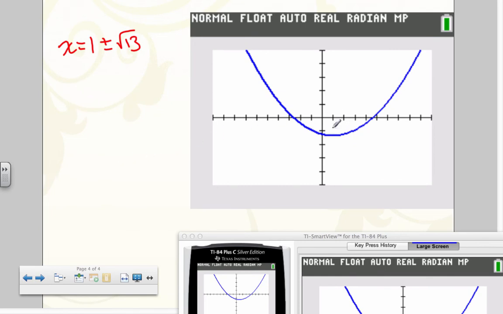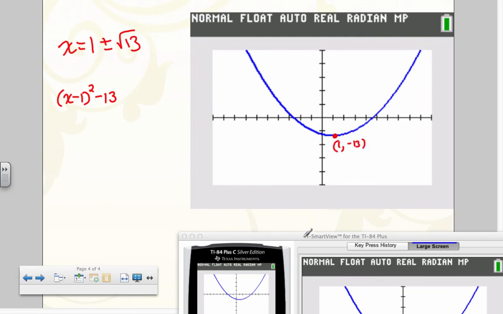Here's my vertex. Right here, that's my turning point. And if we took a step back before we solved for x, we would have had this. So that means my point right here is the point 1, negative 13.